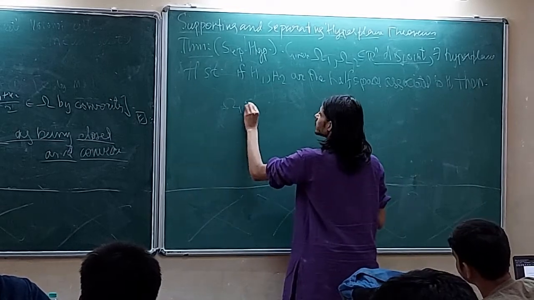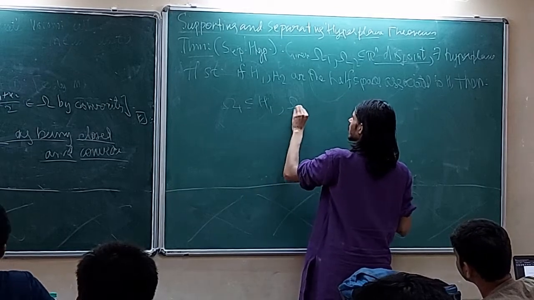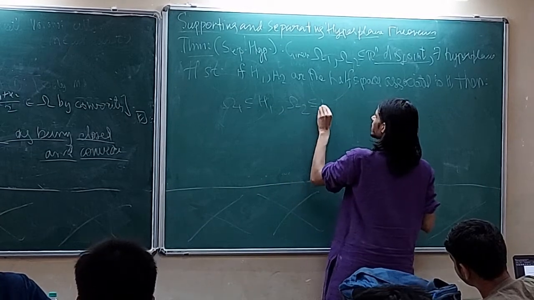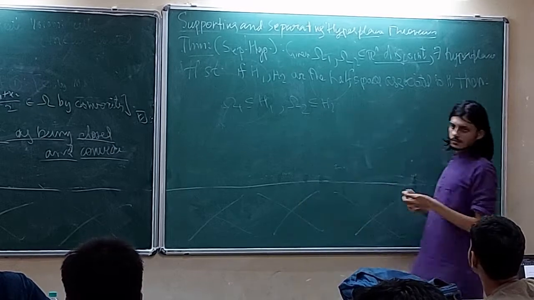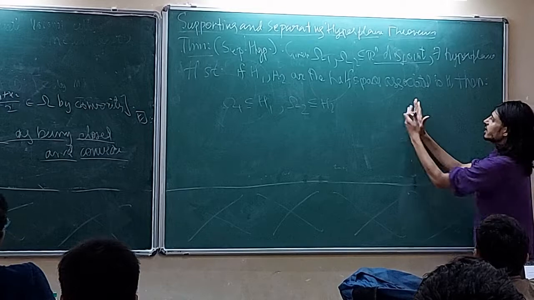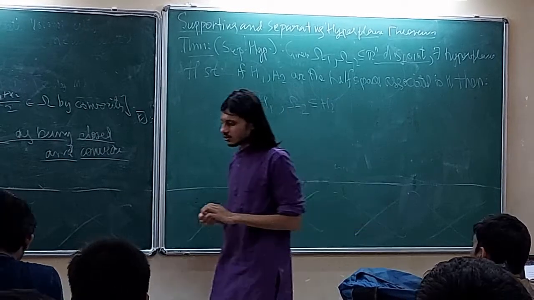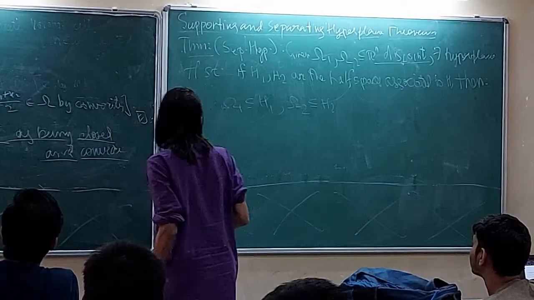So let's say omega 1 is contained in H1, omega 2 is contained in H2. And that's the point. You have a hyperplane. On one side, omega 1 is there, on the other side, omega 2. So it's helping separate these two things, right? And I'm not going to talk about the proof of this.